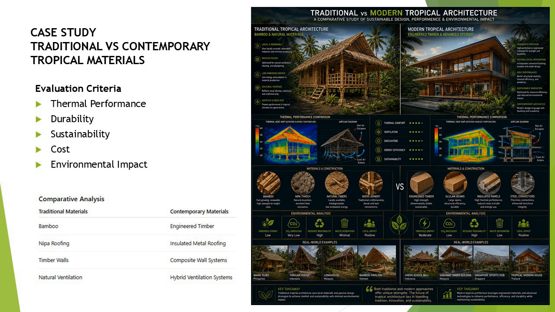The future of tropical architecture will likely involve hybrid solutions that combine traditional environmental wisdom with modern technological capabilities. As architects, your responsibility is not to blindly follow trends. Your responsibility is to evaluate performance.